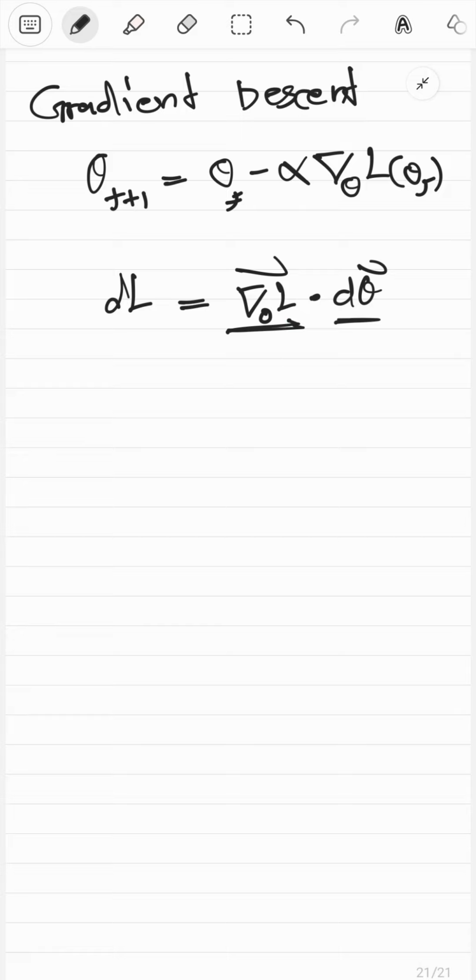So if you descend along that, your dL is the least possible, right? It's negative, so highest magnitude but in the negative direction. So that's what gradient descent is.